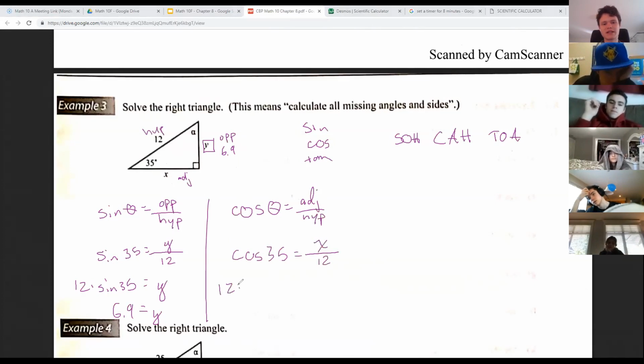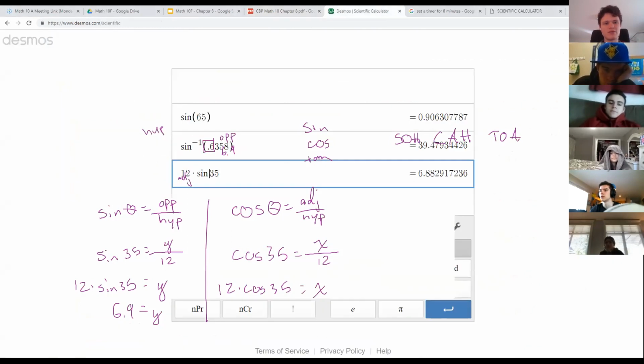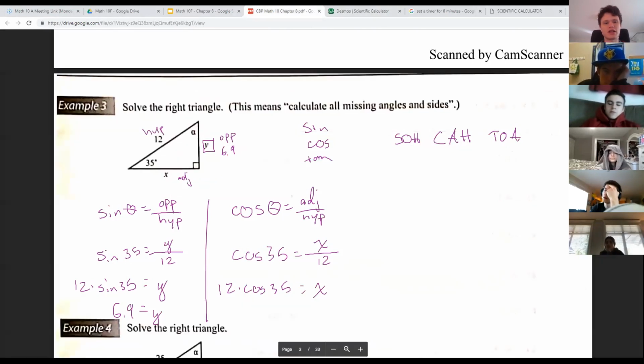It looks very similar. We get used to certain patterns with trigonometry. We're going to do 12 times cosine 35. I'm just going to backspace and change this to cosine, and we get about 9.8. So our x value here is about 9.8.